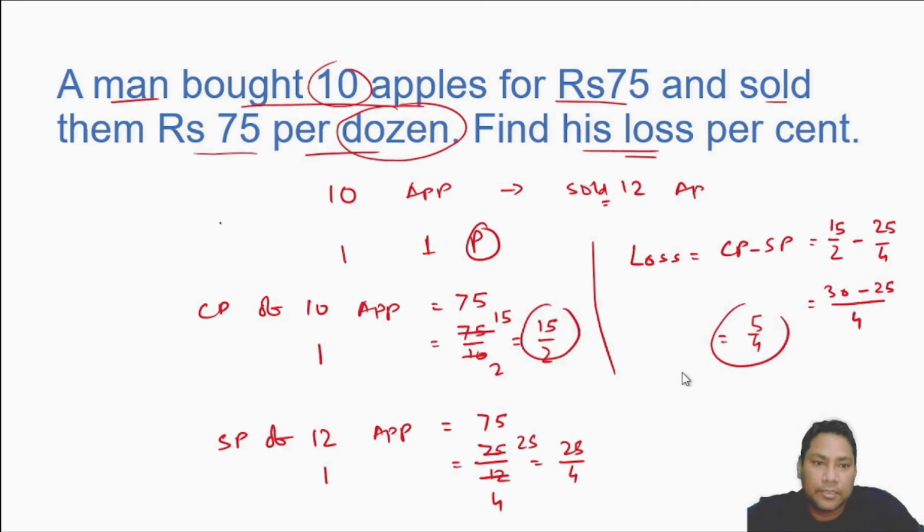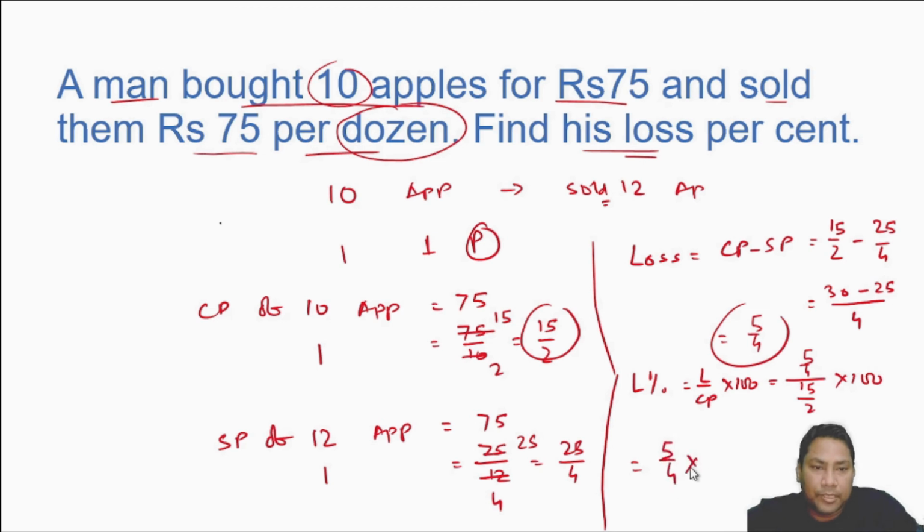Now we will calculate the loss percentage. Loss percentage is equal to loss divided by cost price into 100. The loss is 5 by 4 divided by the cost price, that is 15 by 2, multiplied by 100. This will become 5 by 4 multiplied by, taking the reciprocal, 2 divided by 15 into 100.